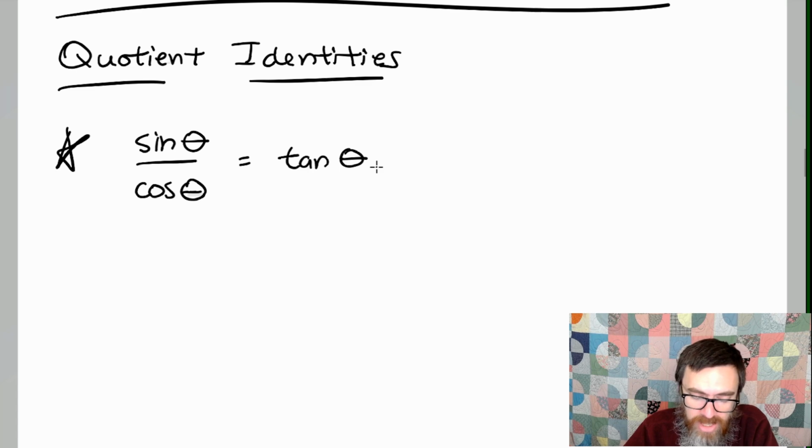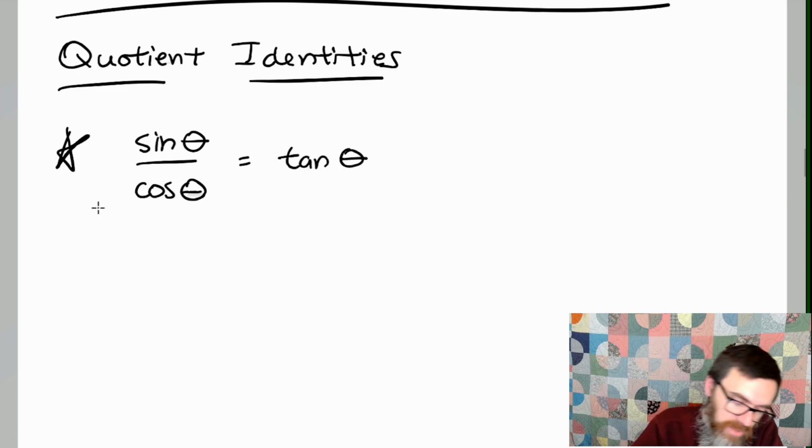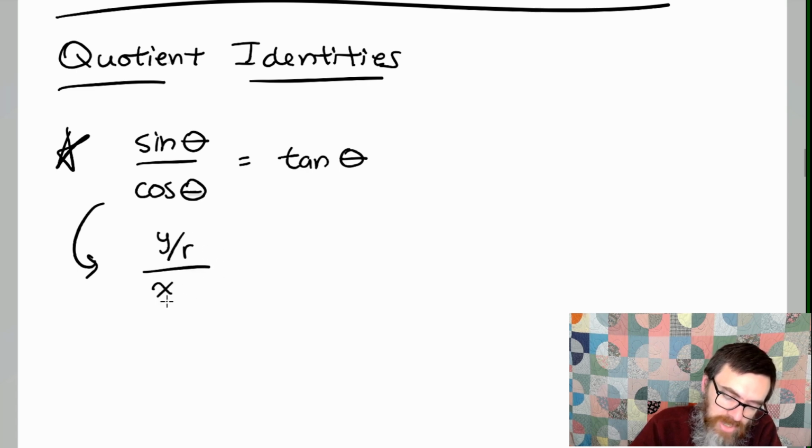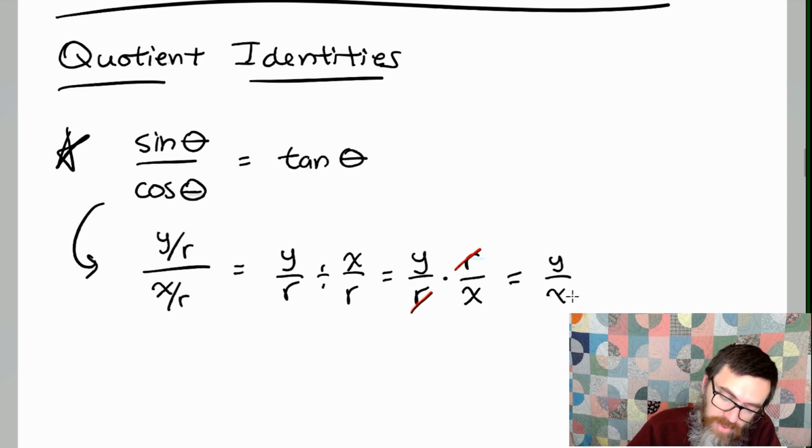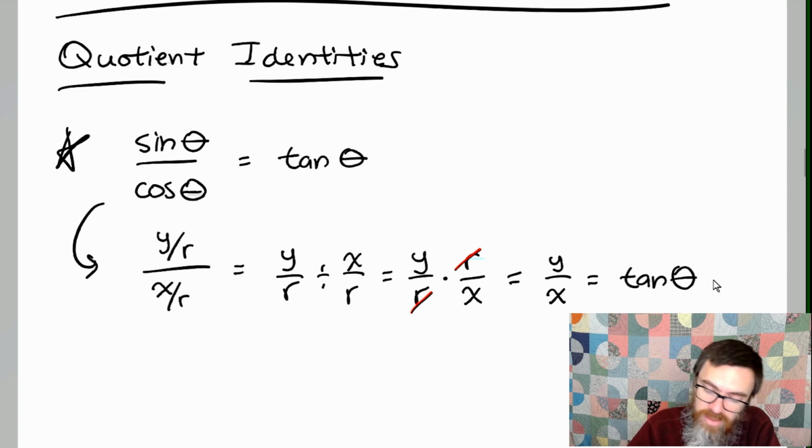And if you think about what each of these means, sine is y over r, cosine is x over r. Remember that to divide a fraction by a fraction, you multiply times the reciprocal. When we simplify, we would have y over x, which is how we are defining tangent.